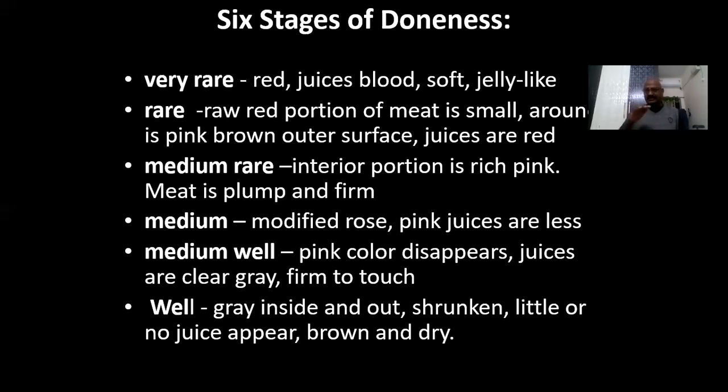Medium is 70% cooked, 30% raw. Medium well is almost well done, but some extra juice remains. Well done is when the moisture has completely evaporated and everything is overcooked. That is known as well done.